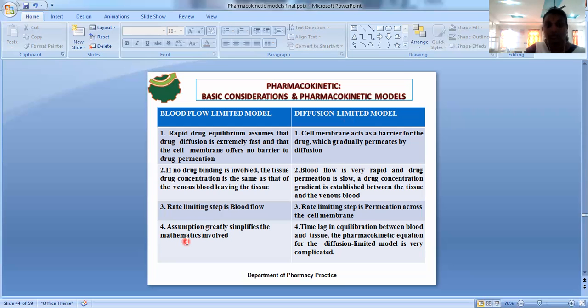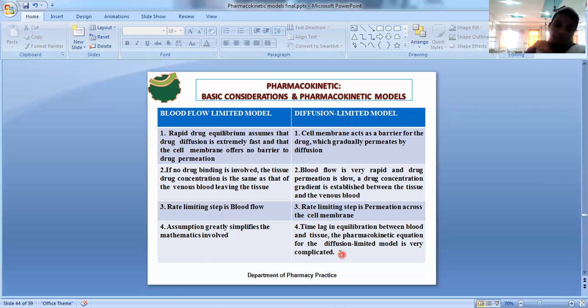When you are considering the blood flow limited model, the mathematical treatment is simplified. But here, what will happen? There is a time lag in the equilibrium between the blood and the tissue, and the pharmacokinetic equation for the diffusion model is very complicated.